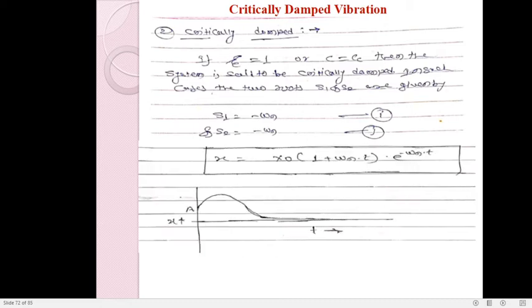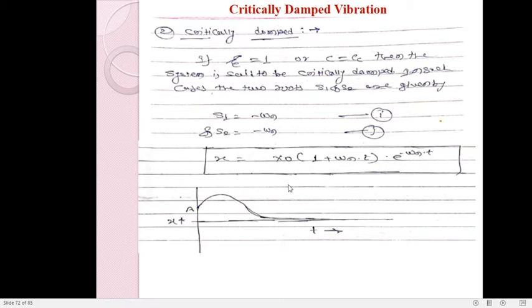After putting those values in equation 1, we get the equation for displacement for the critically damped system: x is equal to capital X0 times (1 plus omega n t) times e to the power minus omega n t.